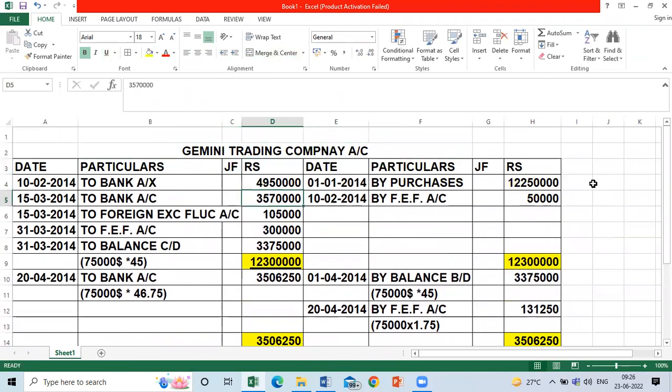Next, on the debit side, we have 3 entries: 1 and 2, 2 entries there on the debit side.